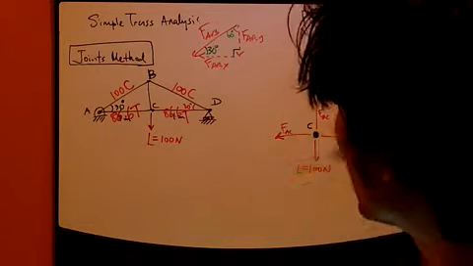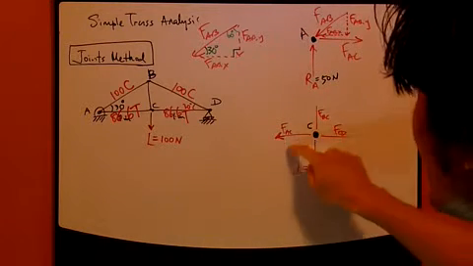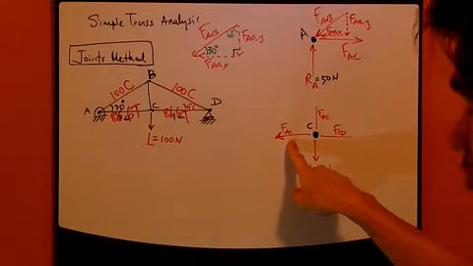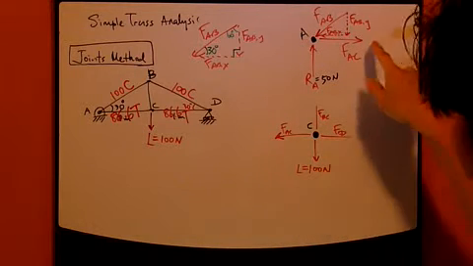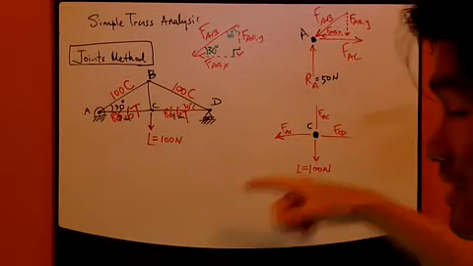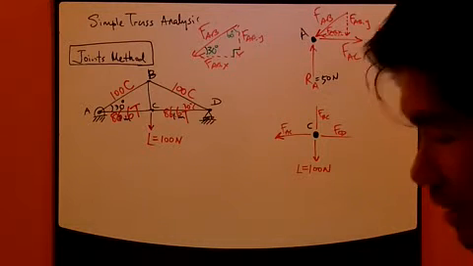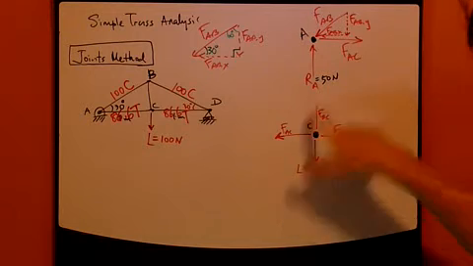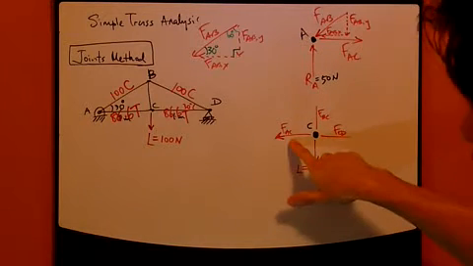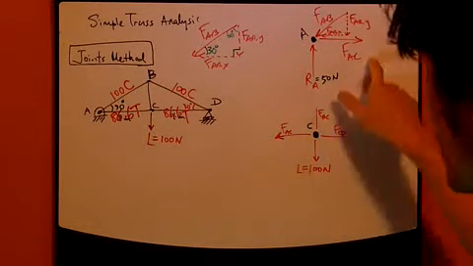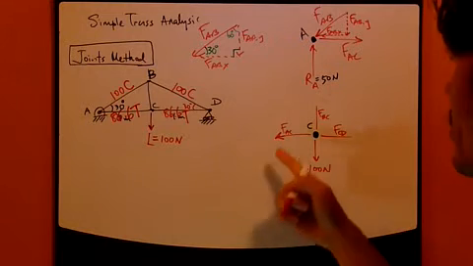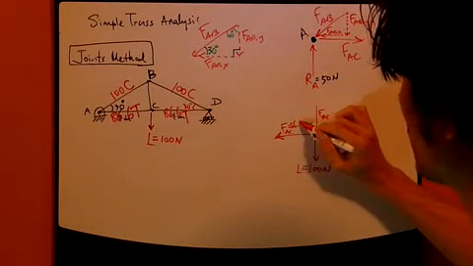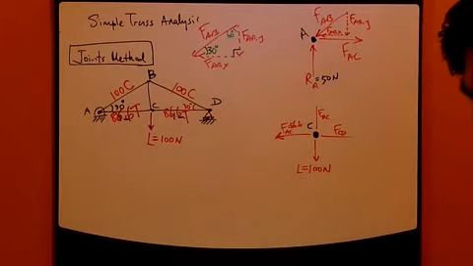It's actually pointing to the left. These two are equal but opposite. Once again, Newton's third law. So this is how you can borrow what you just calculated earlier from the other joint into this new joint. This goes to the right, this goes to the left, although they're the same force. And from earlier, we calculated FAC is 86.6 Newton. So you do know that.